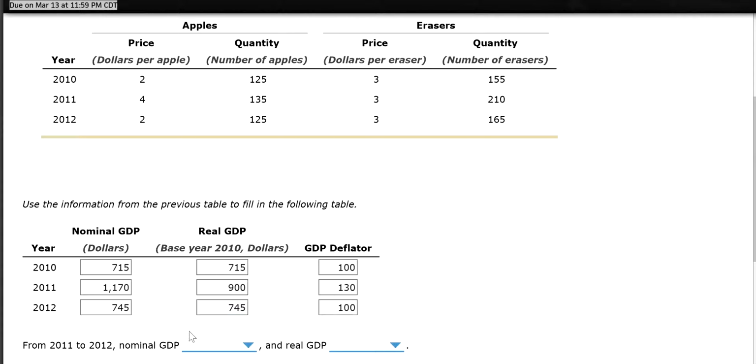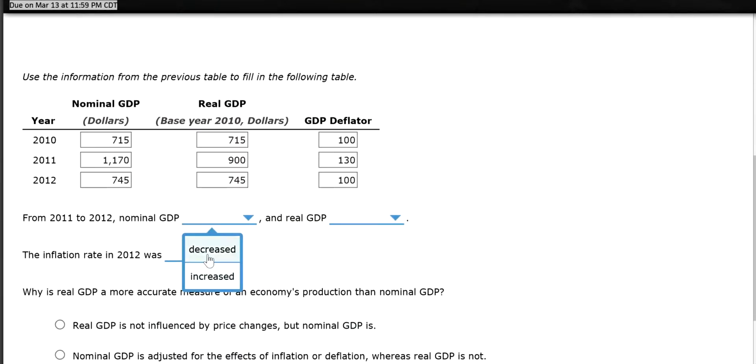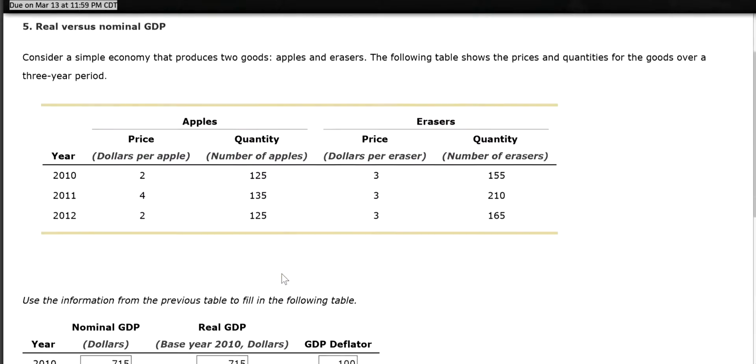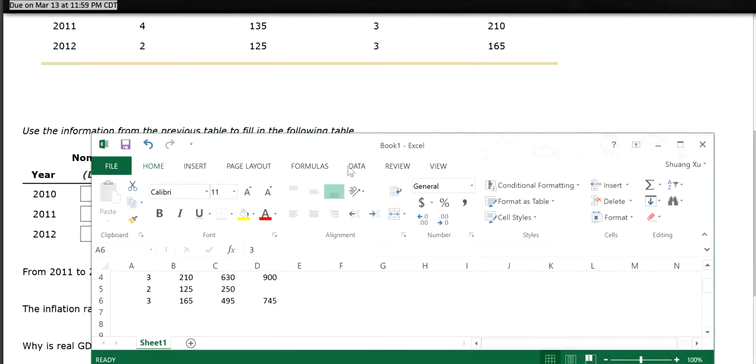All right. So from 2011 to 2012, nominal GDP has decreased. And then real GDP also decreased. Now the inflation rate in 2012 is how much? Now for inflation rate, using GDP deflator to calculate it, let me use Excel spreadsheet.